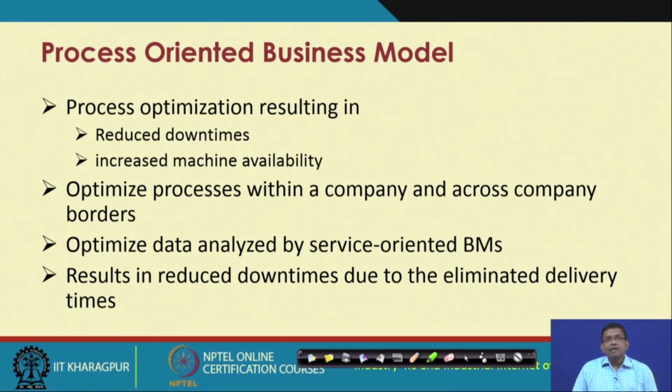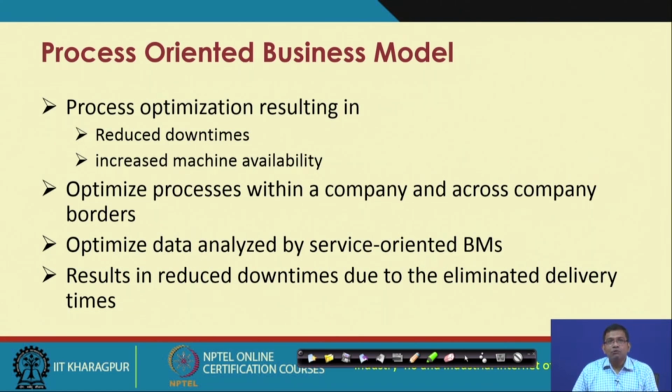So, the next one is the process oriented business model. So, here we are talking about the processes, optimization of these different processes, reducing the different downtimes of the machinery that is available, and making these machinery available for increased durations of time to different customers. This is the whole idea behind this process oriented business model.